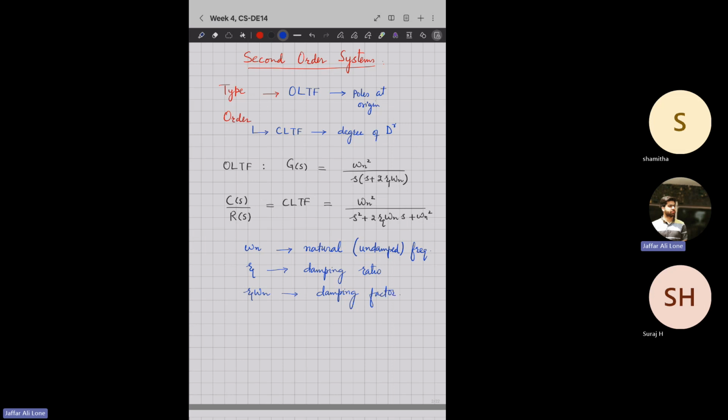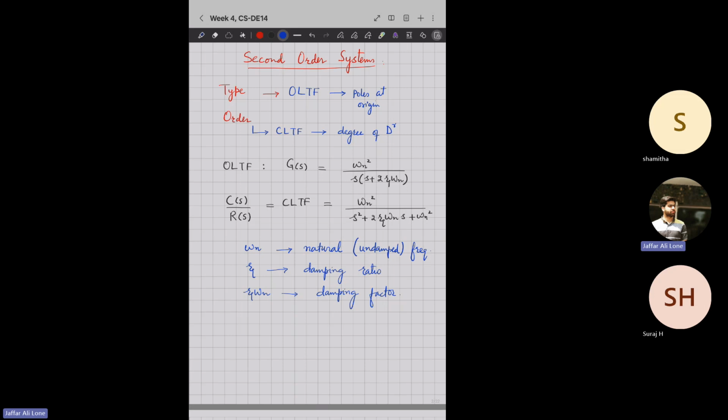In that case, zeta into omega n is the damping factor. So there are two important variables in the closed loop transfer function of a second order system: zeta, the damping ratio, and omega n, the natural frequency.